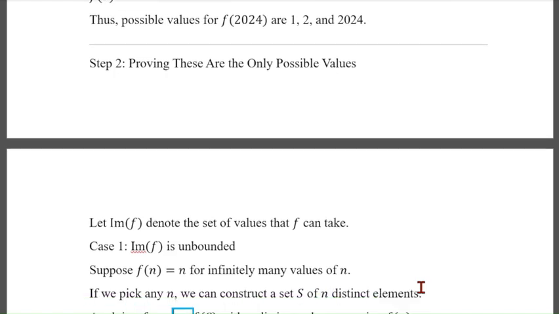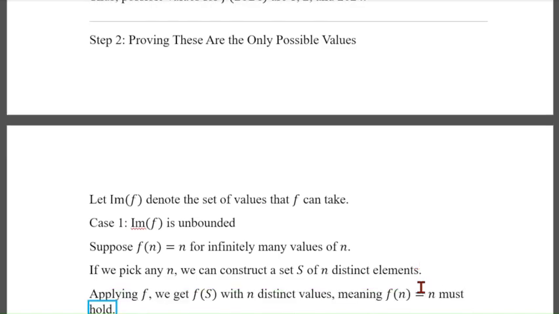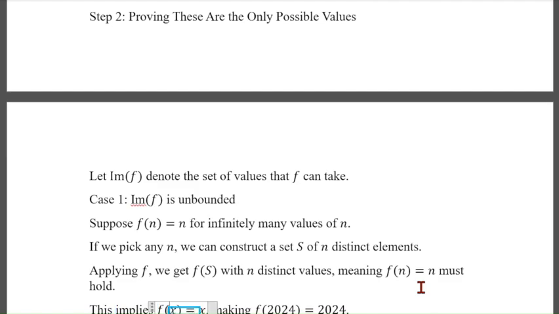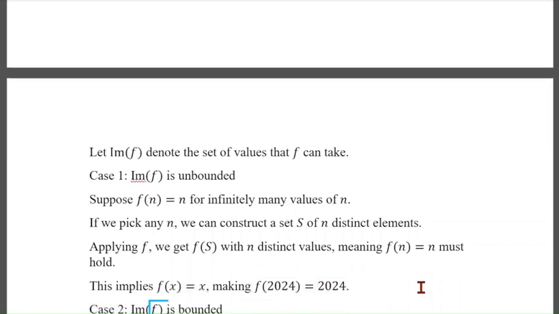Applying f, we get f(S) with n distinct values, meaning f(n) = n must hold. This implies f(x) = x, making f(2024) = 2024.